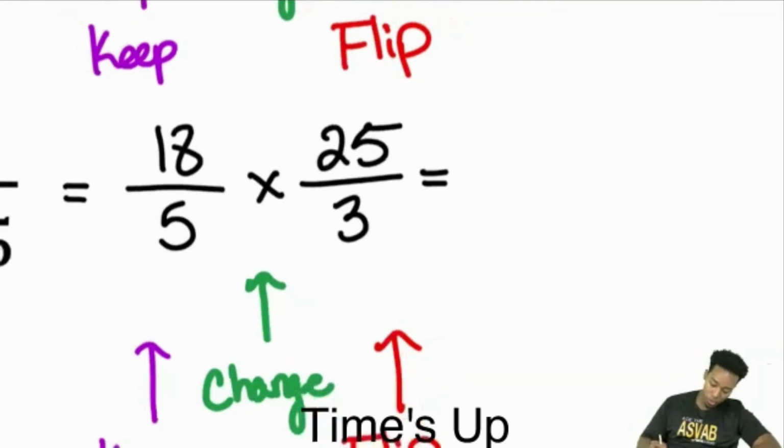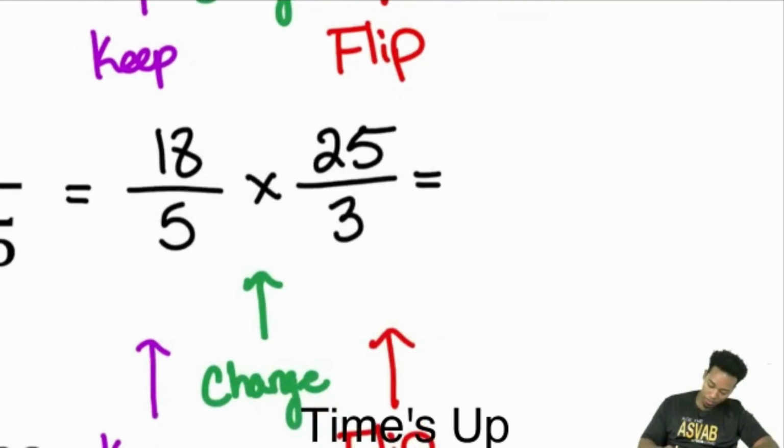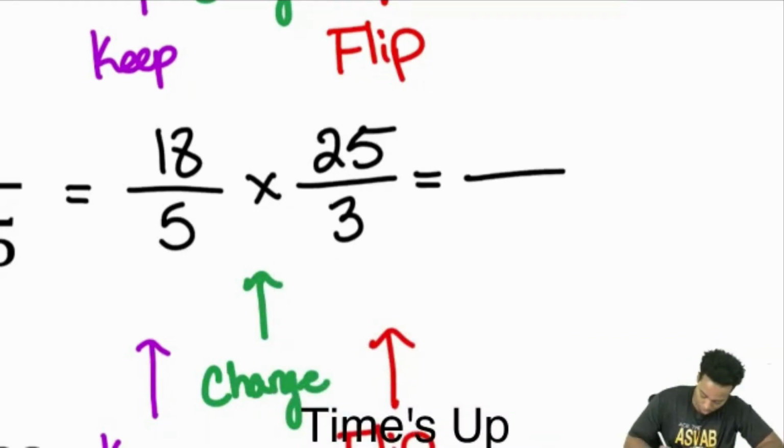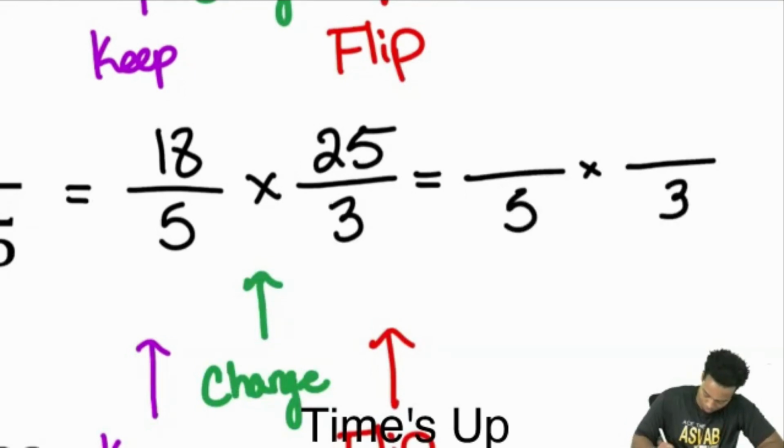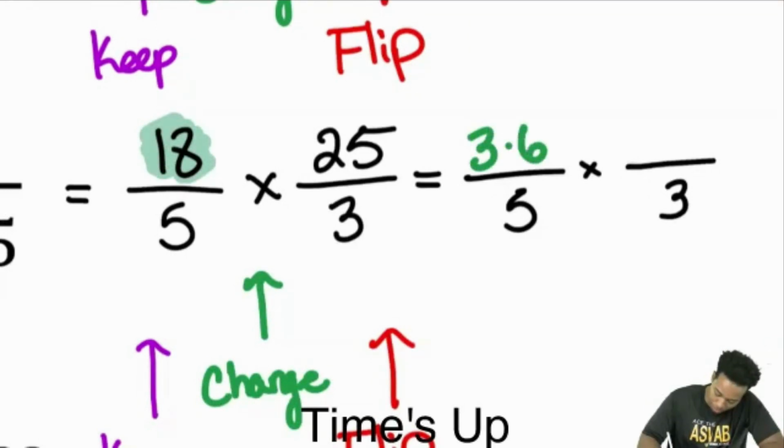So what I can do here is I can go ahead and replace 18 with what, everybody? Exactly, 3 times 6. I can replace the 18 with 3 times 6. Because again, 18 is 3 times 6.